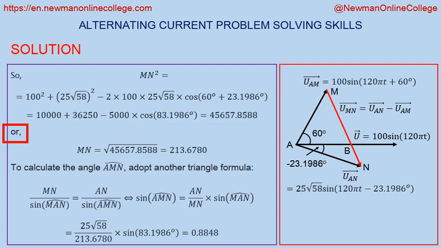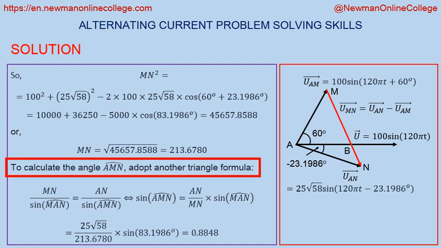equals 45,657.8588, or mn equals square root of 45,657.8588, equals 213.6780. To calculate the angle AMN, adopt another triangle formula.